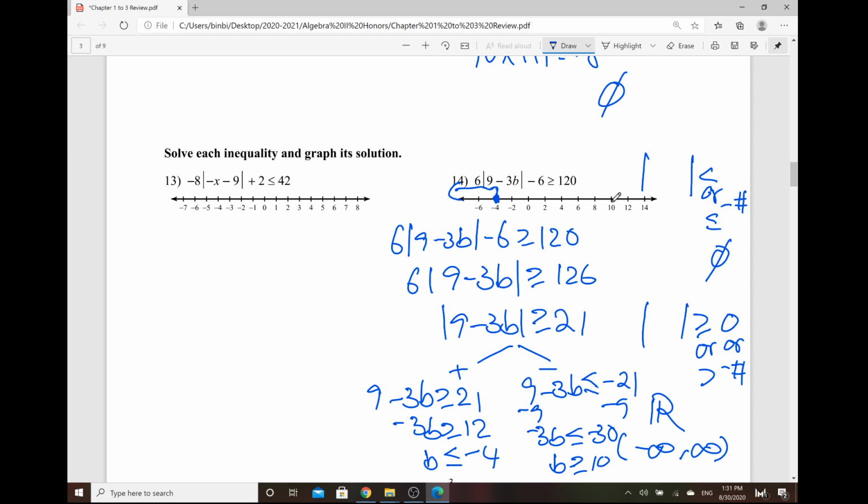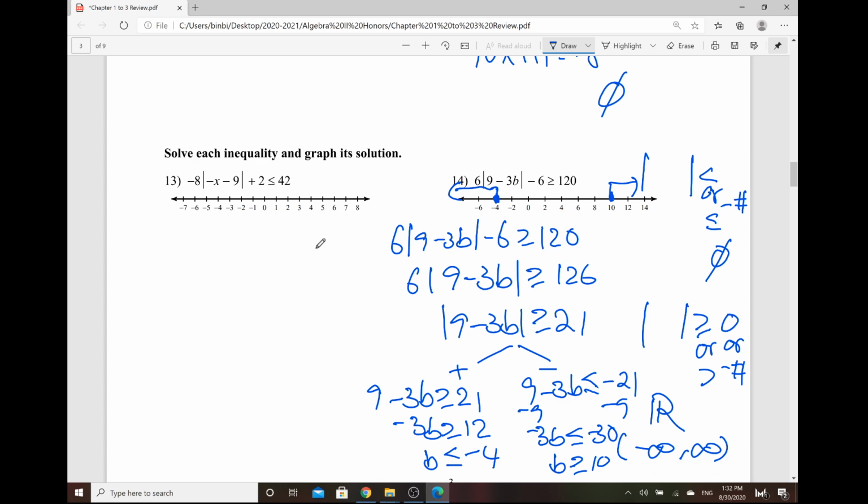Then at 10 there is also a closed circle, but it goes to the right. As I mentioned before, if you see greater than or equal to for the absolute value, it's always a separation on the graph, so the solutions are not going to intersect. But if you see less than or equal to, that means eventually they're going to meet.